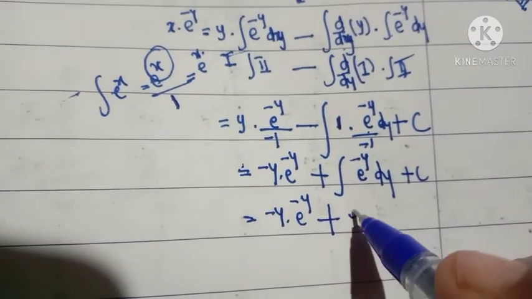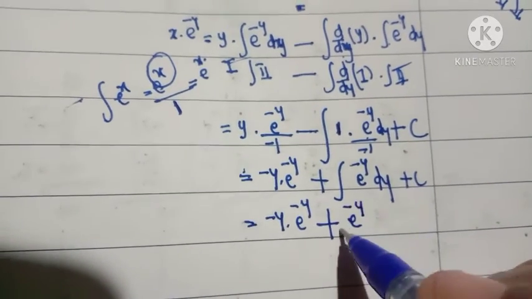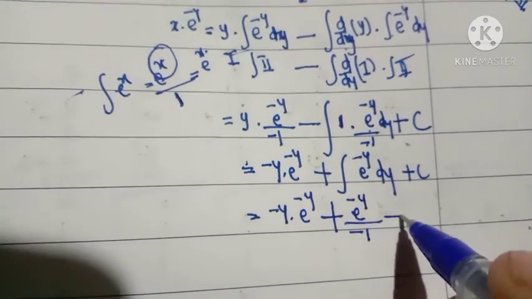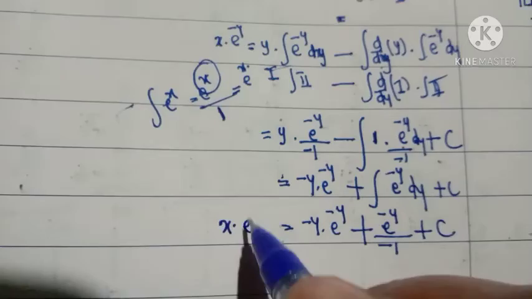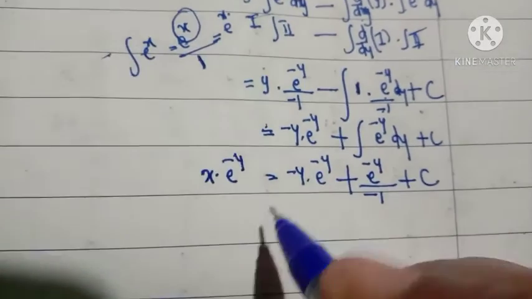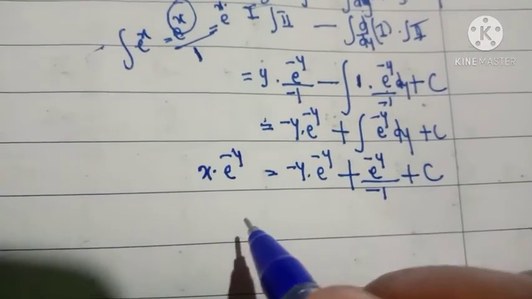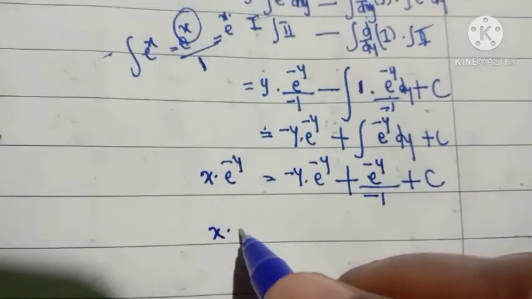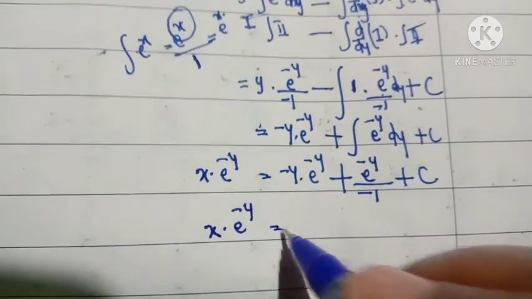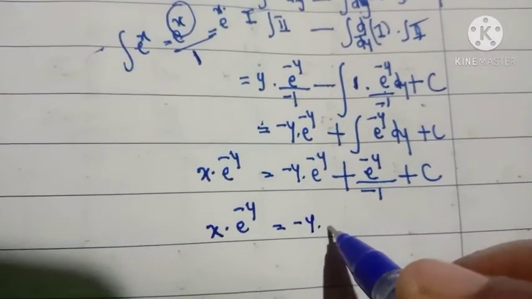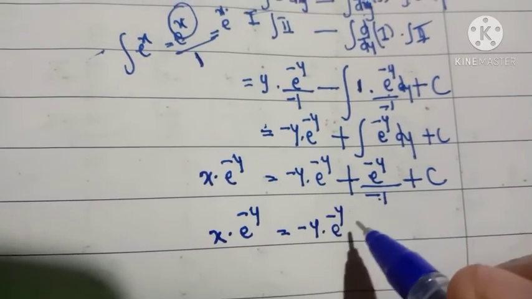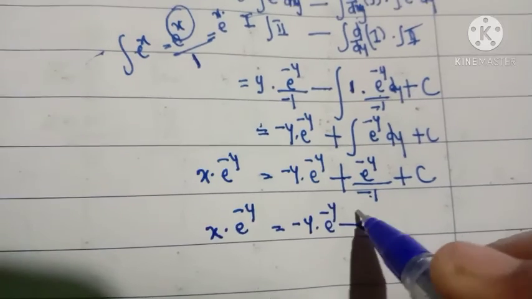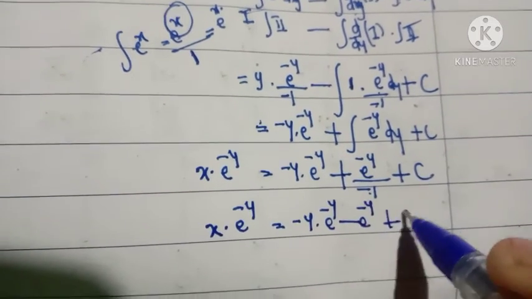Integral of e raised to minus y is e raised to minus y by minus 1 plus c. Left side is x into e raised to minus y. Now simplification, x into e raised to minus y is equal to minus y into e raised to minus y. This plus and minus sign becomes minus e raised to minus y plus c.